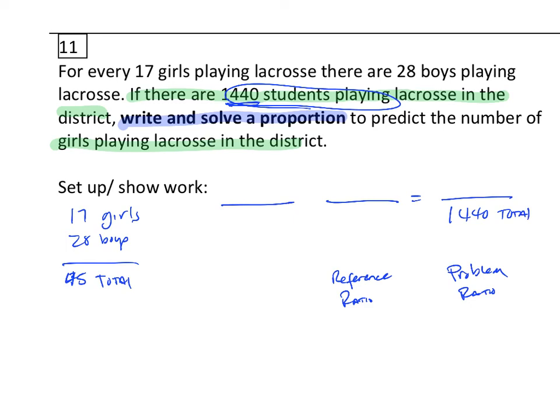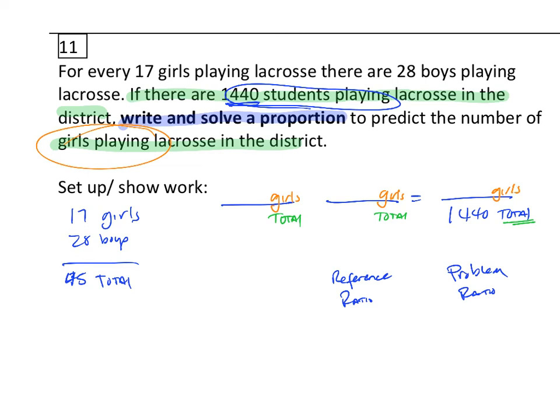So if we're going to have total here, then we need to have total here, and we're going to write down here that we're going to have total on the bottom. And then we have to really pay attention to what we're asking, because they're asking us to find out how many girls play. So that means the top's going to have to be girls all across.